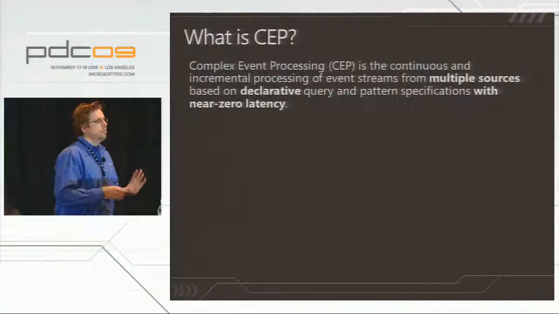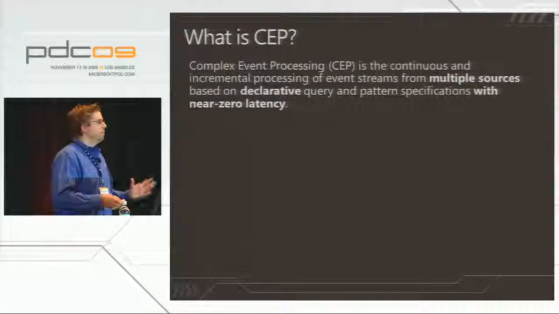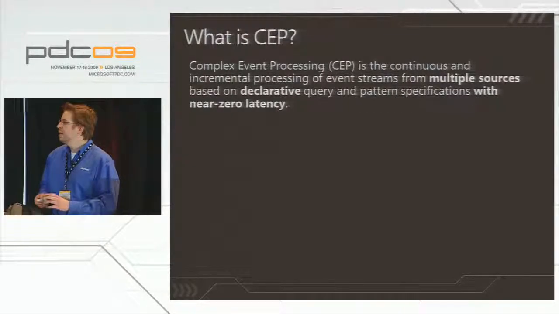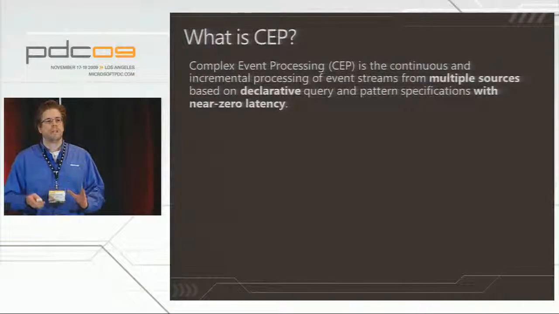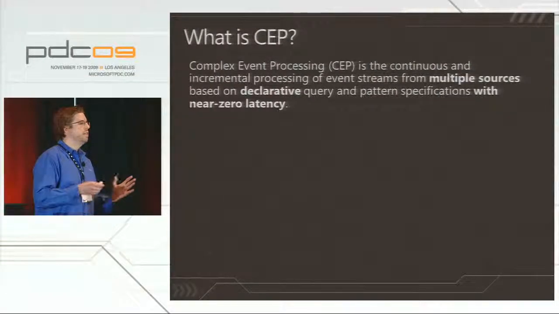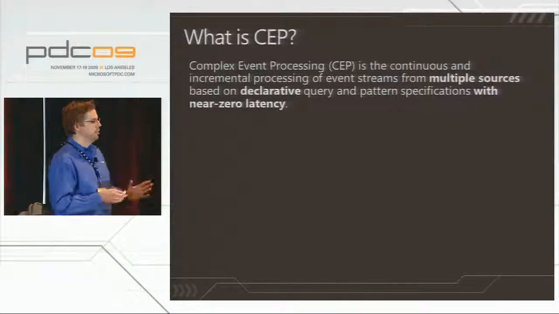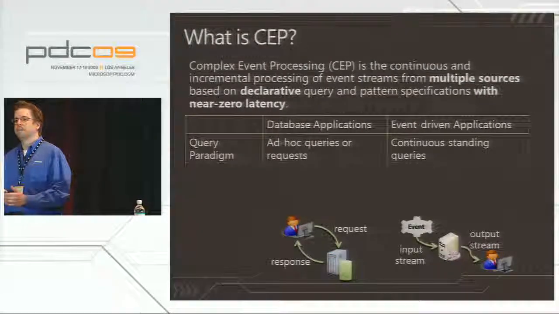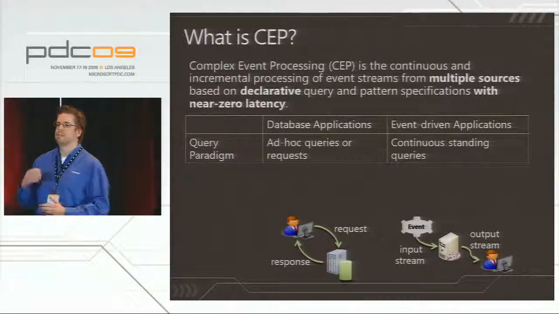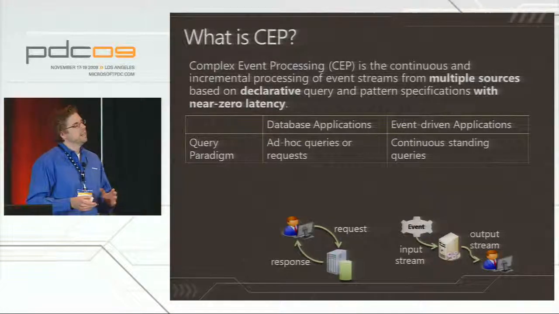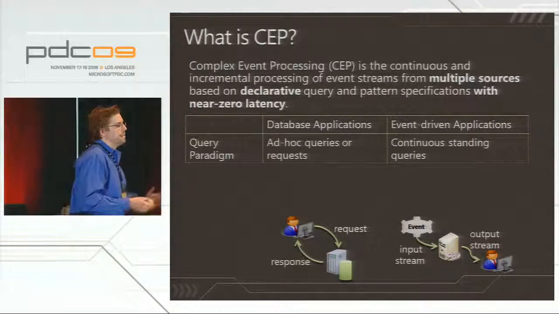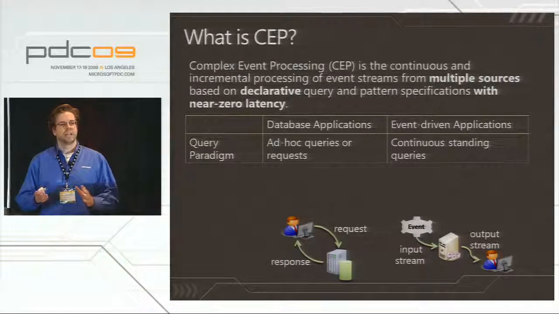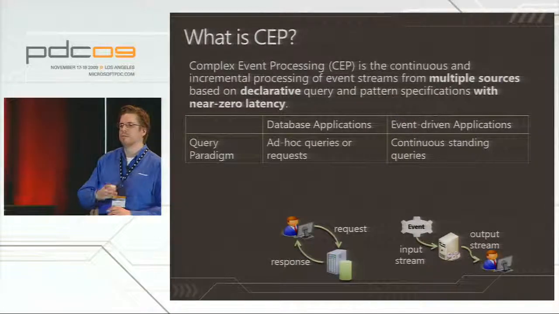Okay, a very quick overview for those of you who have not been in the first session today. When we talk about CEP, the important thing we always want to make clear is the paradigm shift between classical relational databases and complex event processing. In classical databases, you have static data and ad hoc queries. You fire your queries at your static data, whereas in event-driven applications, the data is the transient entity, whereas the queries are static. The queries are standing and the data flows by the queries.